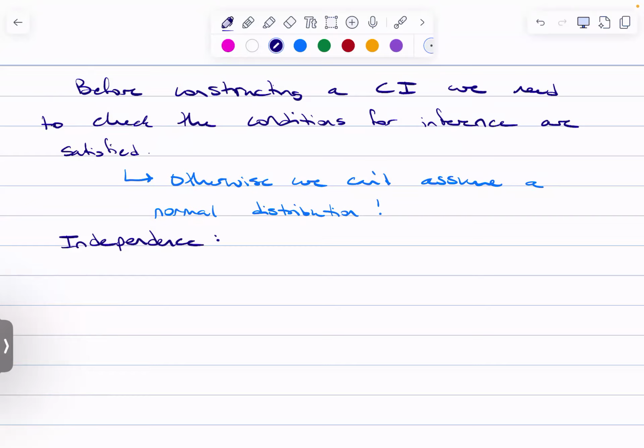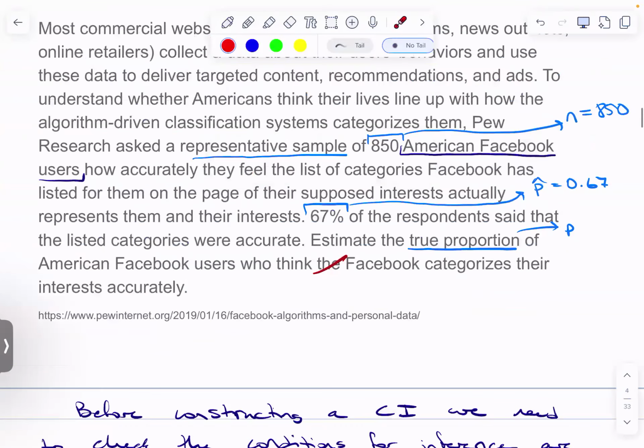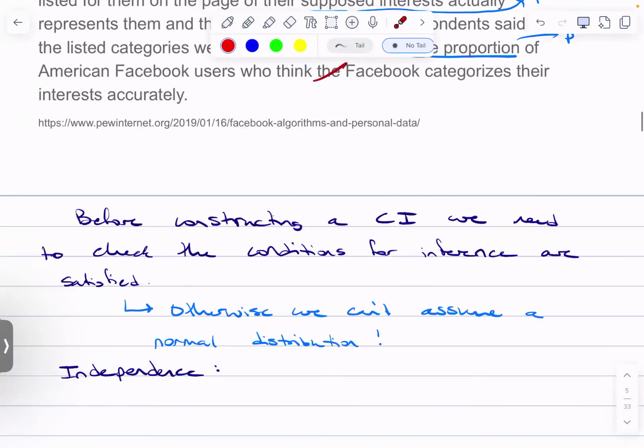In this case, they even went so far as telling us that this is a representative sample, and from this representative sample we can assume that they're all independent of each other.